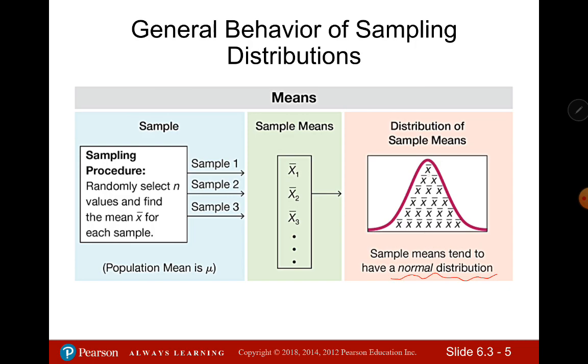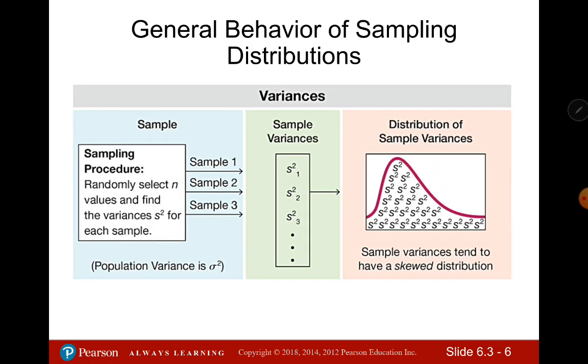And the mean of all the sample means is just the population mean. The mean of all the x bars is just mu. It's just the mean of the population.